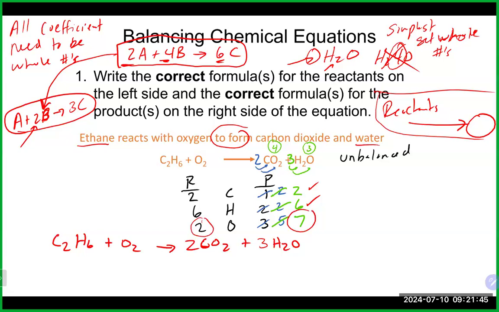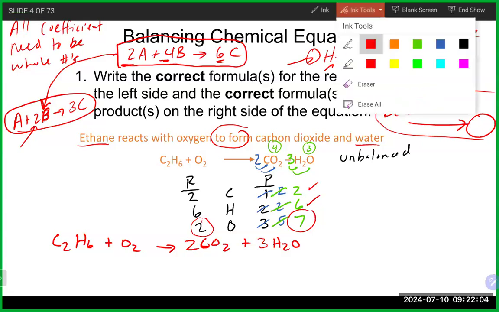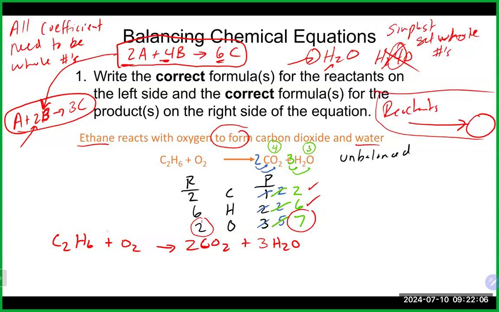I clearly don't want to play with any of the coefficients on the right-hand side since those are all balanced with the carbons and the hydrogen. That means my only option at this point is to play with the O2 on the left-hand side. I need to turn that 2 into a 7, and in this case, you could do that with a fraction.